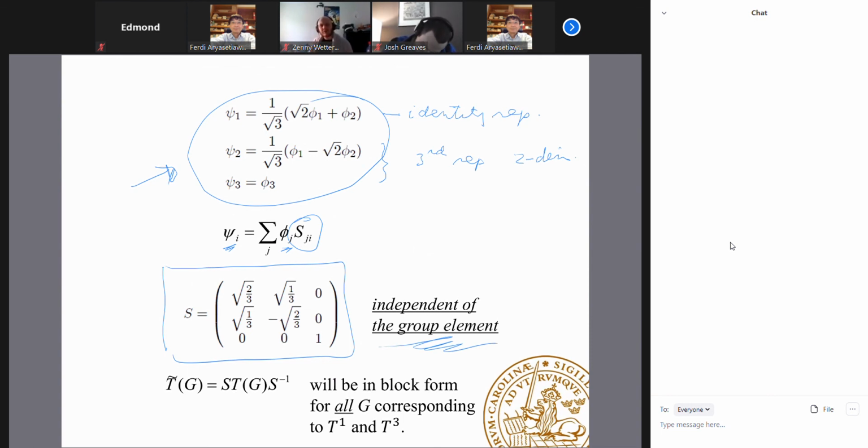So the representations will be brought into block form by this transformation S for all the elements, not just one element. So we have an equivalent representation, which is now in block form, in the psi basis. That's how we work out the various irreducible components of arbitrary functions.